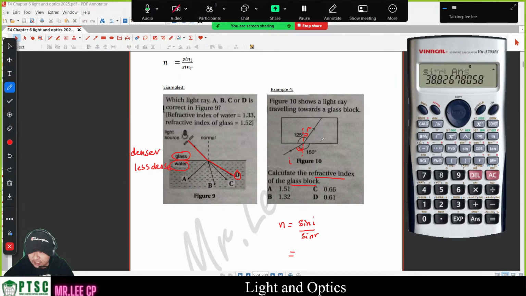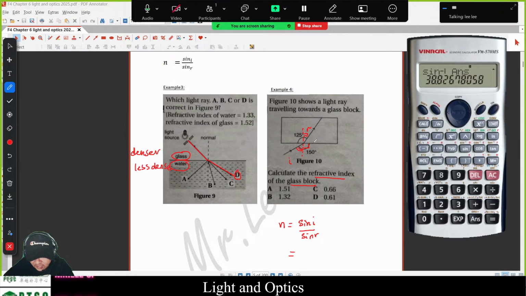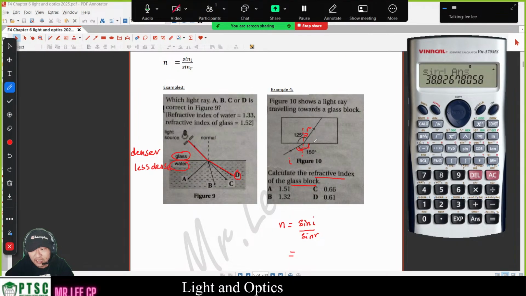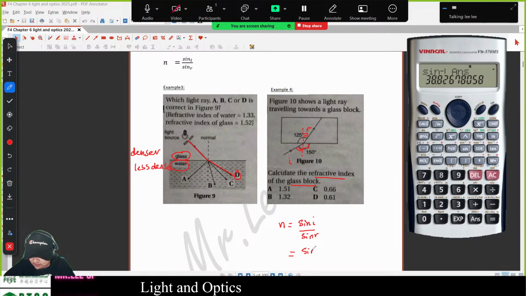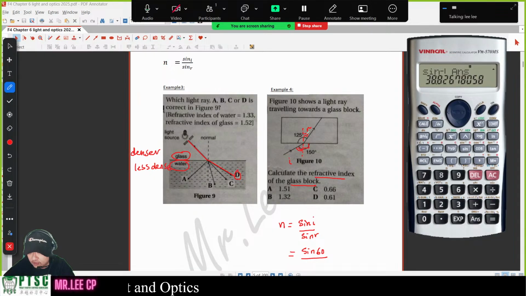i is 150 minus 90, where this is 90, which is equivalent to sine 60. And r is 125 minus 90, which is sine 35.